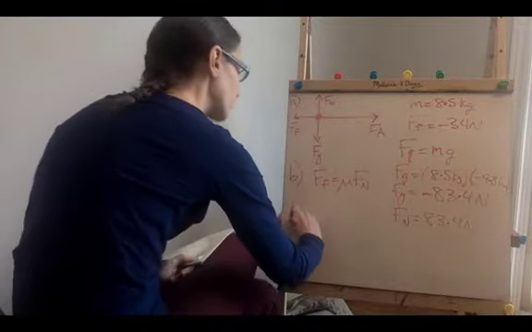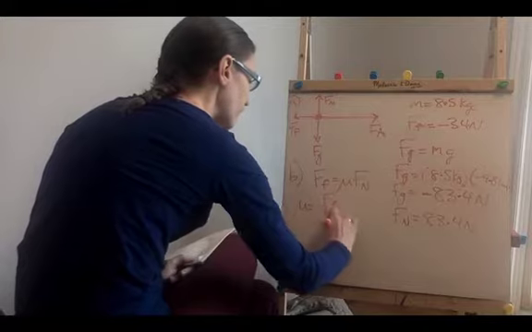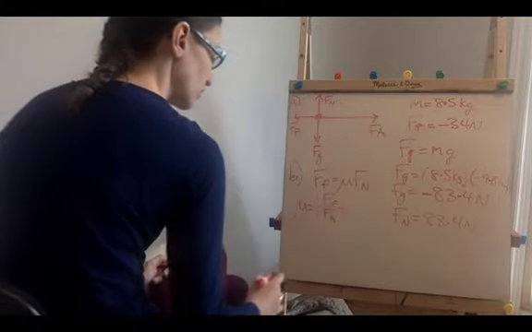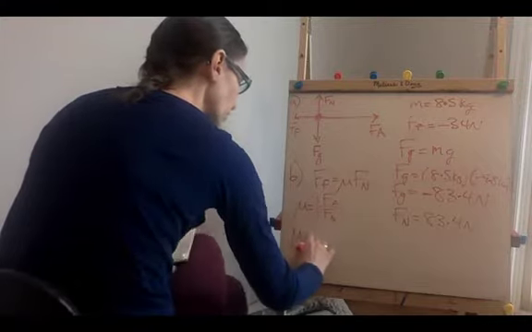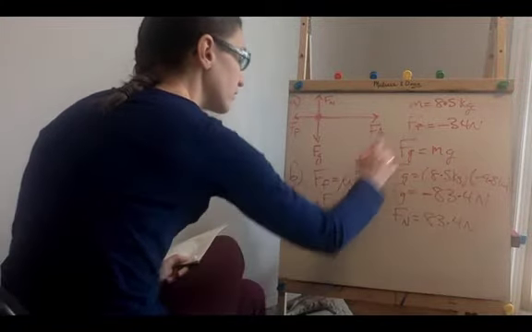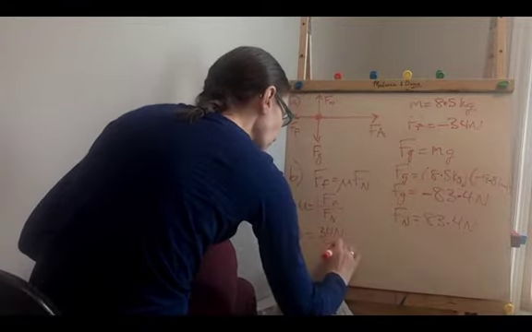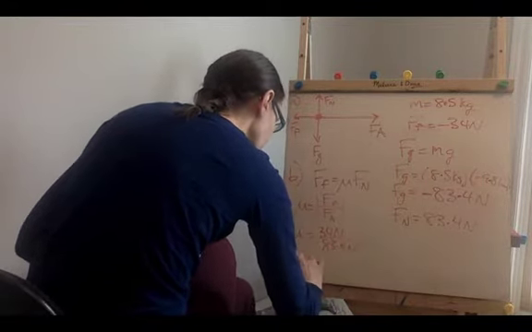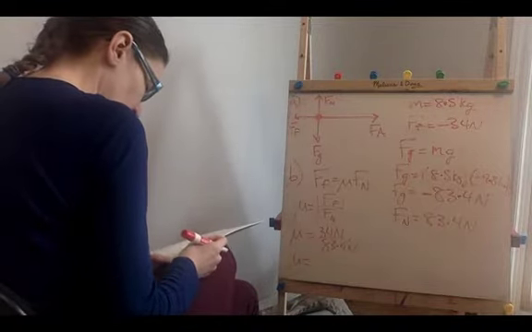So to find the coefficient of friction, we would just take our force of friction, divide it by our normal force. Again, it's just going to be a positive value here. So you take 34 newtons and divide it by 83.4 newtons, and what you get is a value of 0.408.